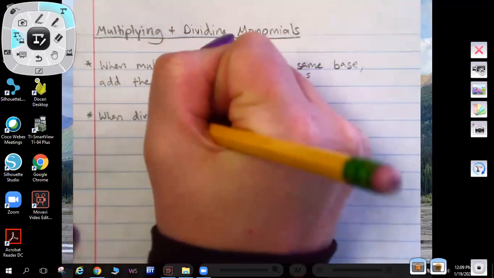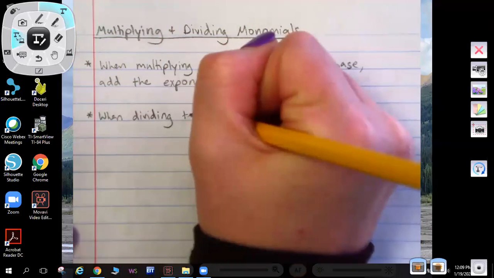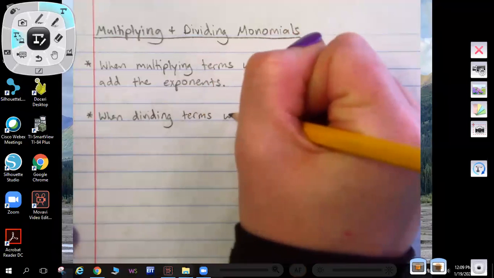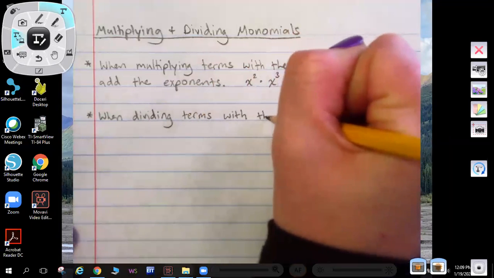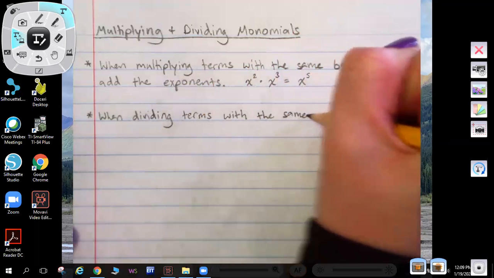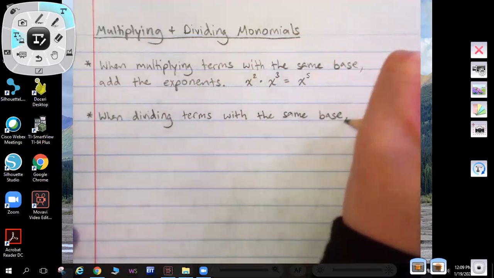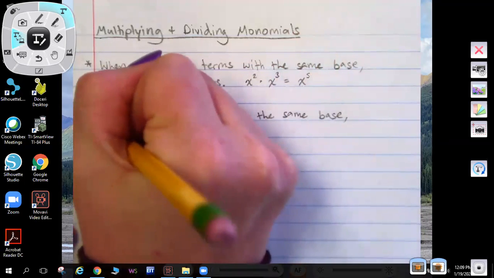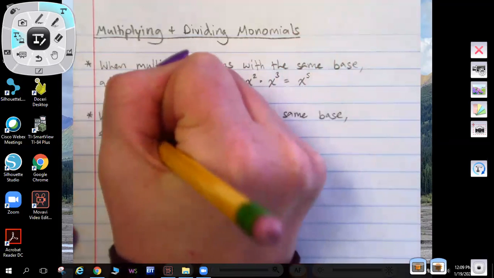Okay. When dividing terms with the same base, subtract the exponents.